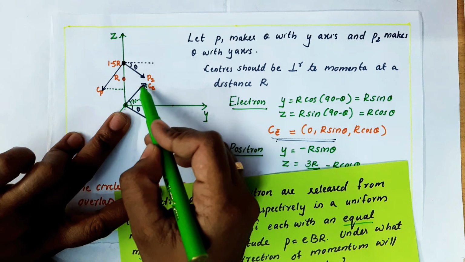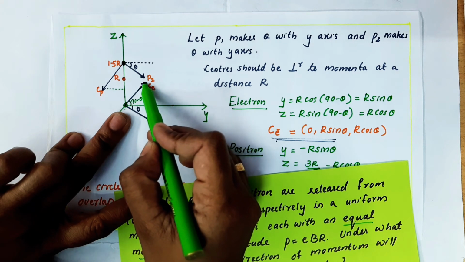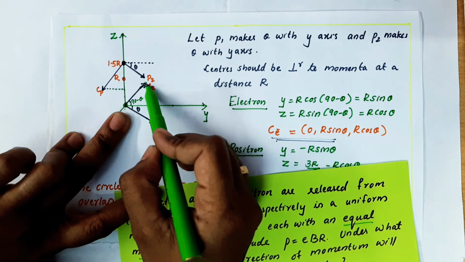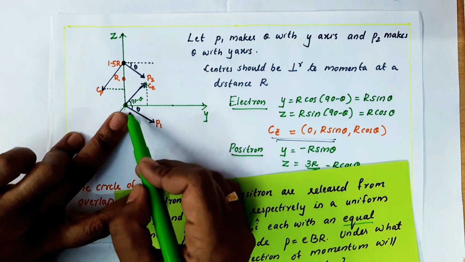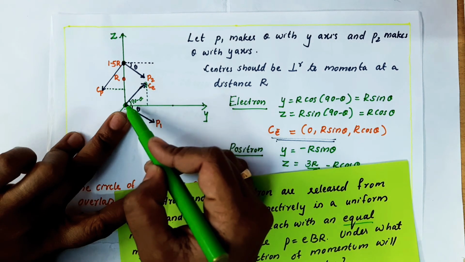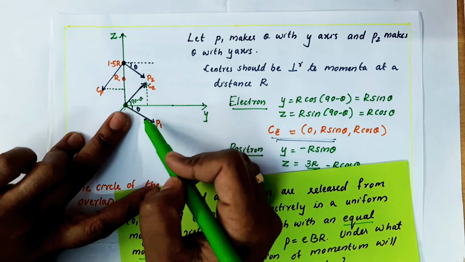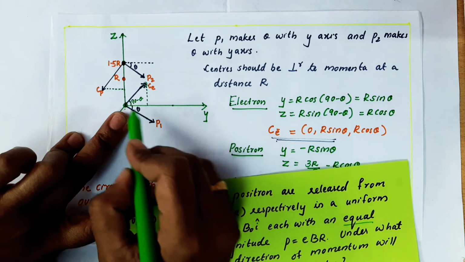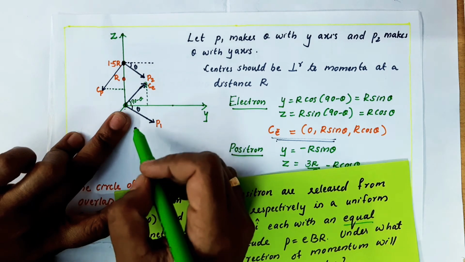So the electron is revolving in a circle with the center here. Why do I take the center here? Because the momentum of the electron and the radius to the center of the circle formed by the electron come perpendicular. I have already taken this angle as theta, so the remaining will be 90 minus theta.